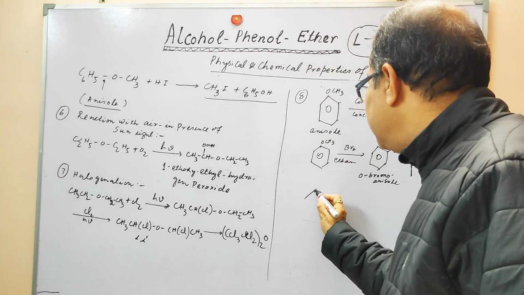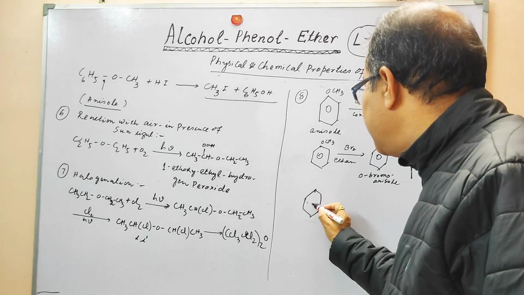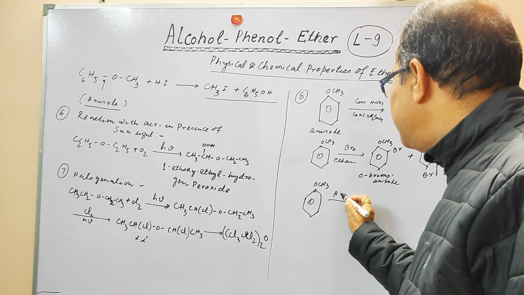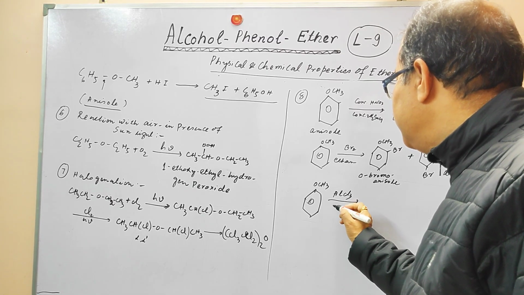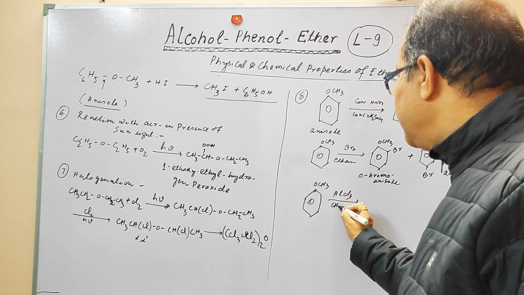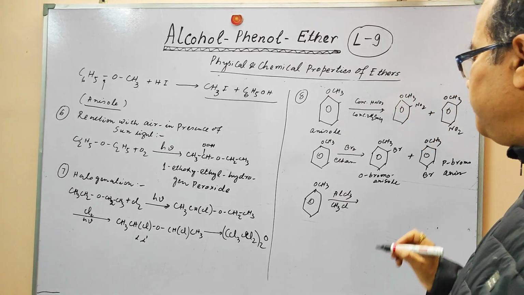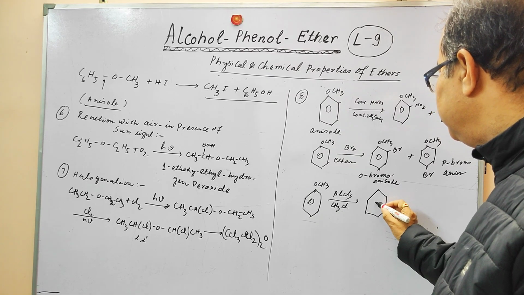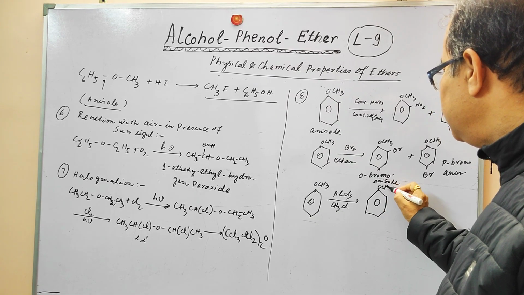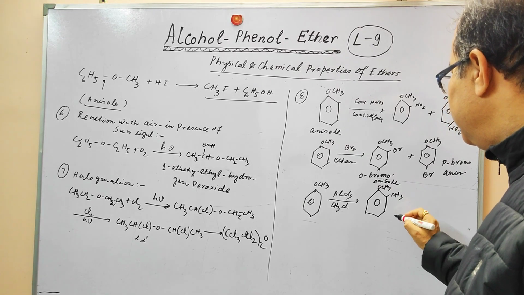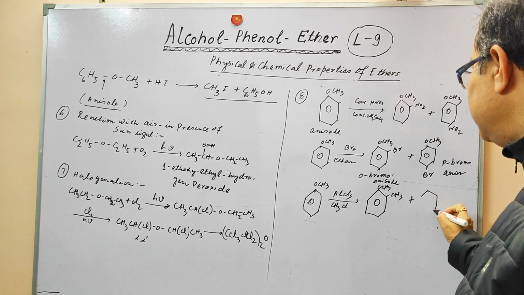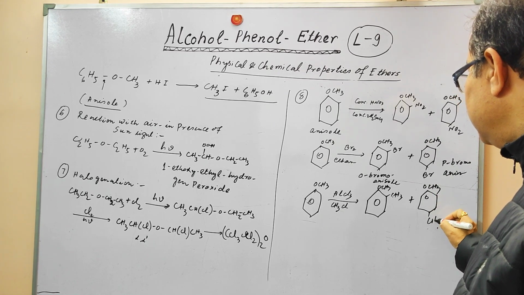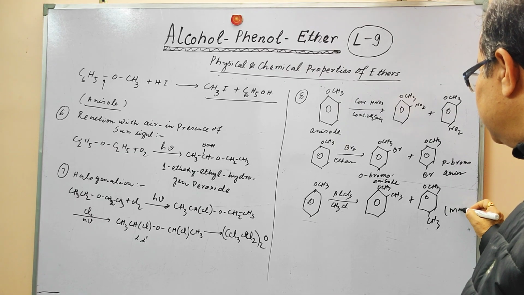Another reaction is the Friedel-Crafts reaction. In presence of aluminum chloride, which is a Lewis acid, and methyl chloride, you will find a mixture of products, with the methyl group at the ortho position and also at the para position. The para methyl product is the major product.